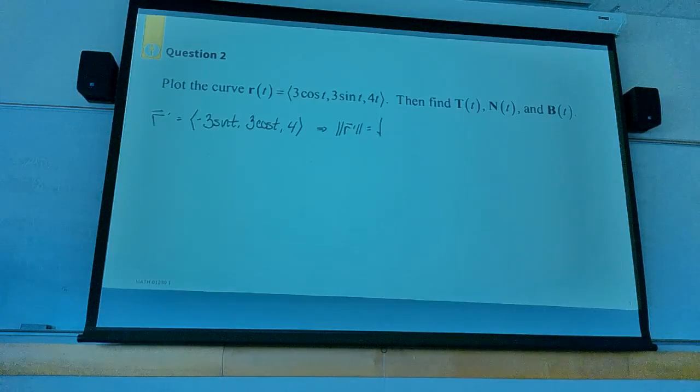Need r prime, then you're going to need the magnitude of r prime, because we want to normalize r prime. It shouldn't be difficult to see. You'll get the square root of 9 plus 16, which is 5. Then you get a 9 sine squared plus 9 cosine squared.